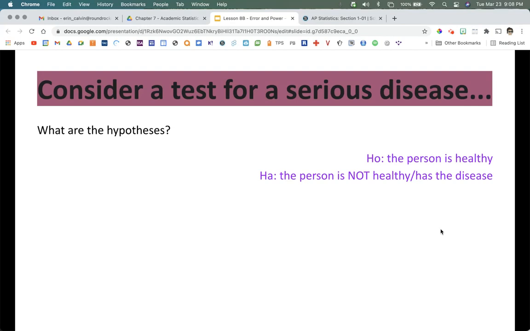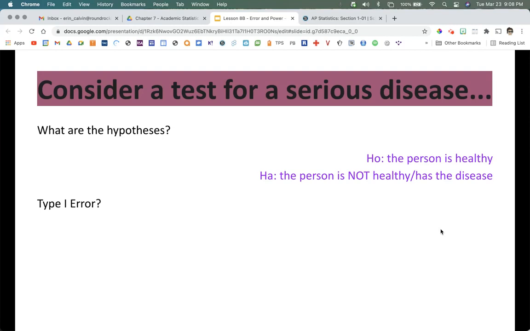That's our initial assumption. The alternate is that that person is not healthy. Always remember that your null is that no effect, no change, nothing's different, nothing's going on. Your alternate is that there's been some kind of change or some kind of effect. So null is everything's cool. Alternate is something happened.